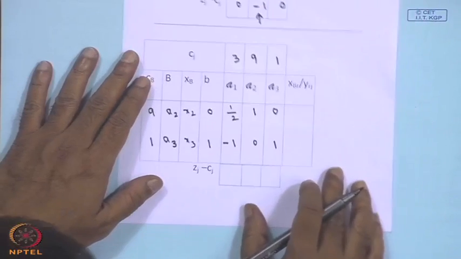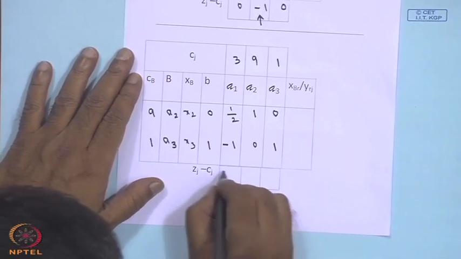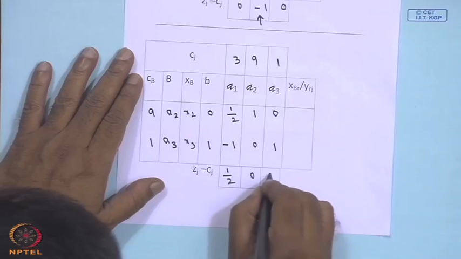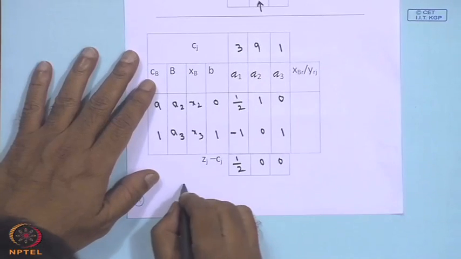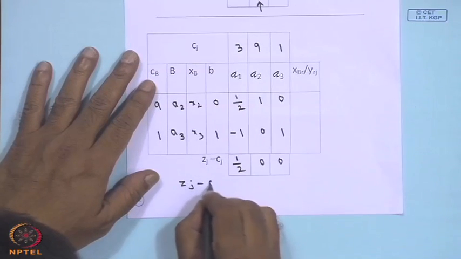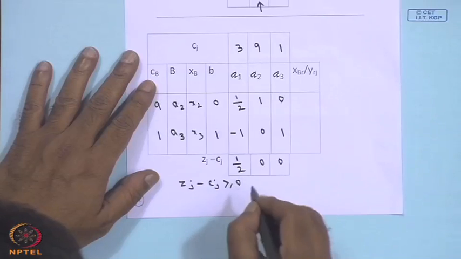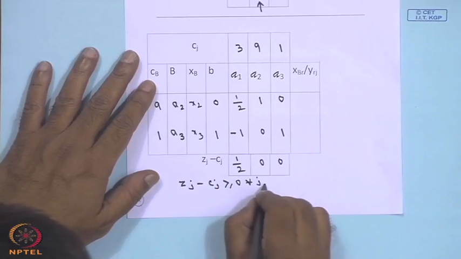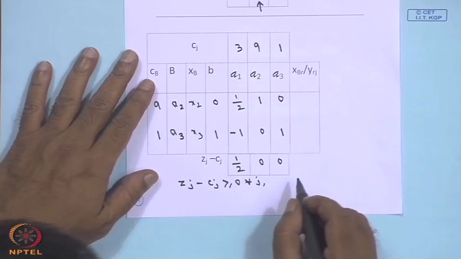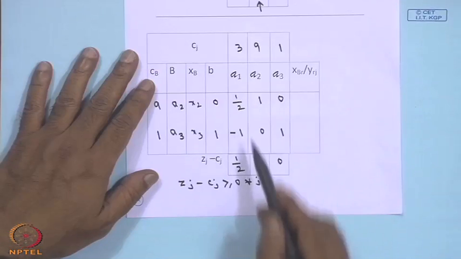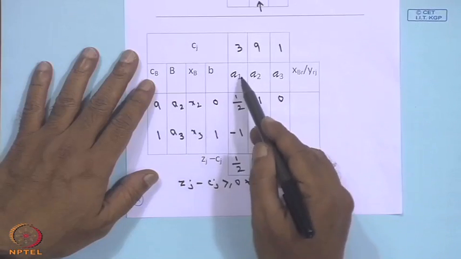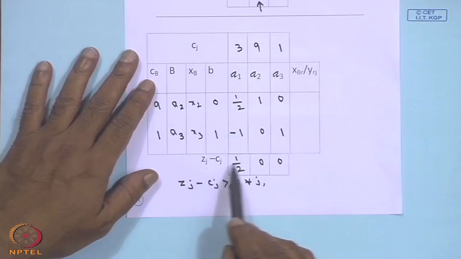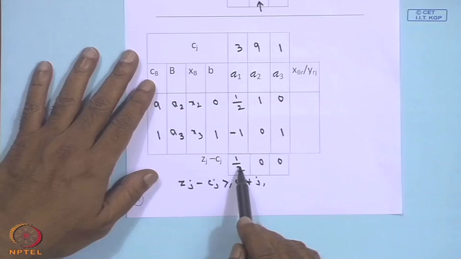Once you get this, the z j minus c j value, if you calculate, will be half, 0 and 0. And if you see, your z j minus c j is greater than or equal to 0 for all j, and also for the non-basic variable a 1, here your non-basic variable is a 1, z j minus c j is greater than 0.